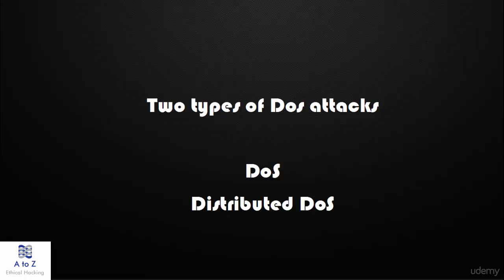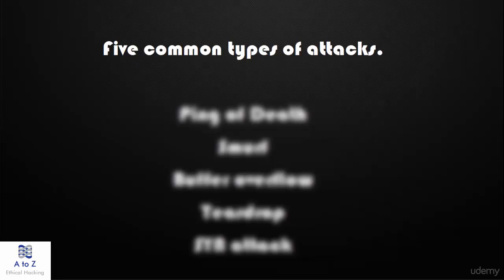Let's see how DOS attacks work. We'll look at 5 common types of attacks. The first one is ping of death. The ping command is usually used to test the availability of a network resource. It works by sending small data packets to the network resource.